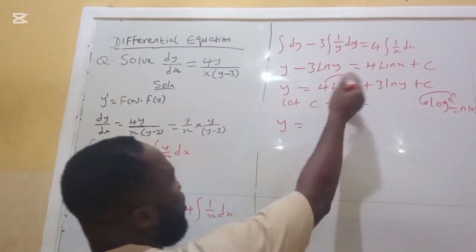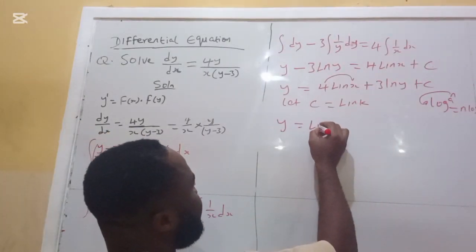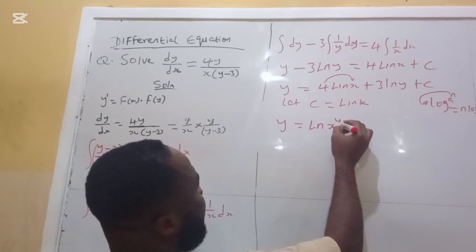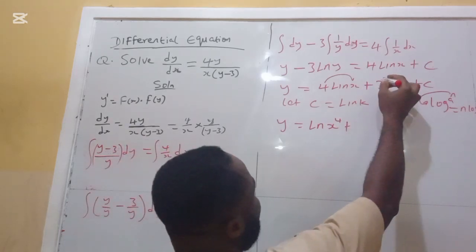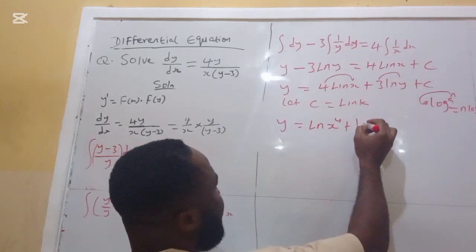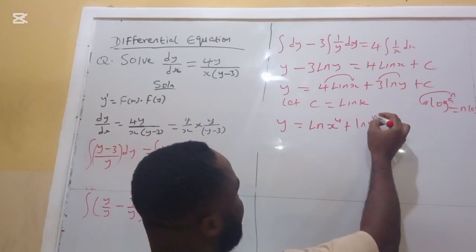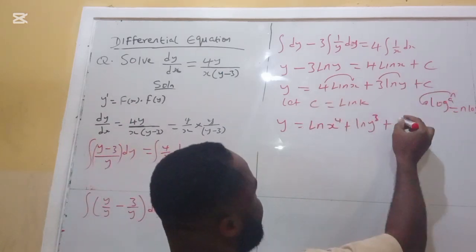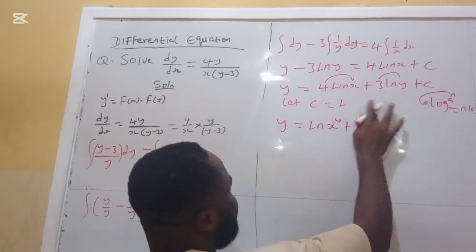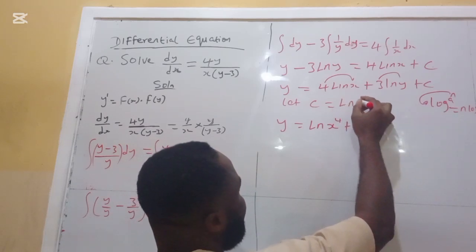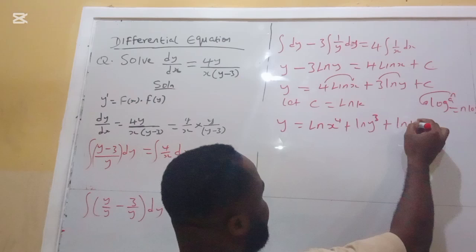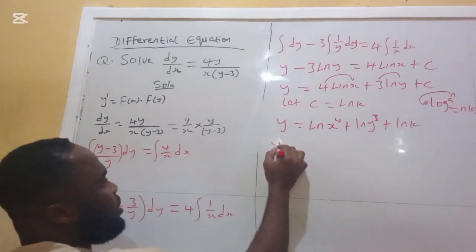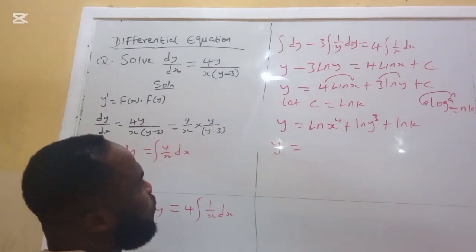So when we take this 4 up, we're going to have ln of x raised to the power of 4, plus this 3 will also go back, we'll have ln of y raised to the power of 3, plus ln k.